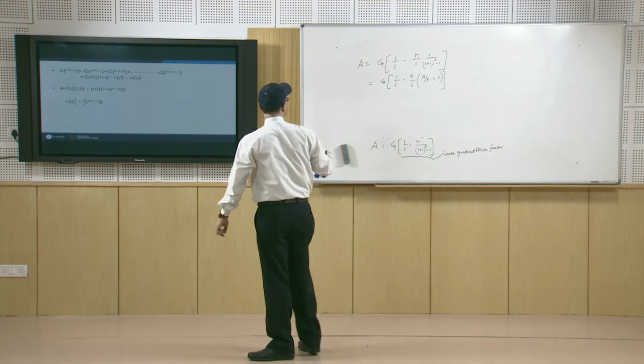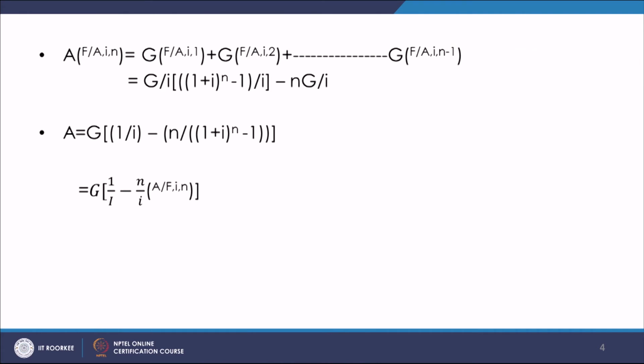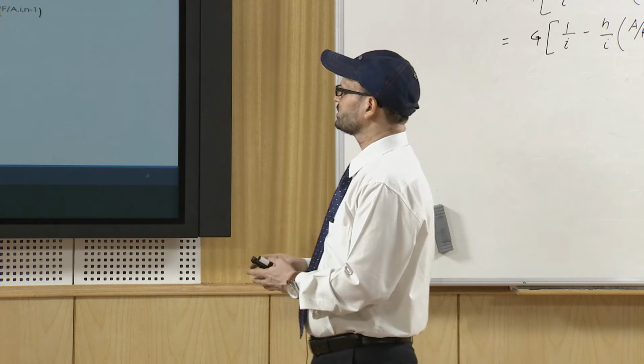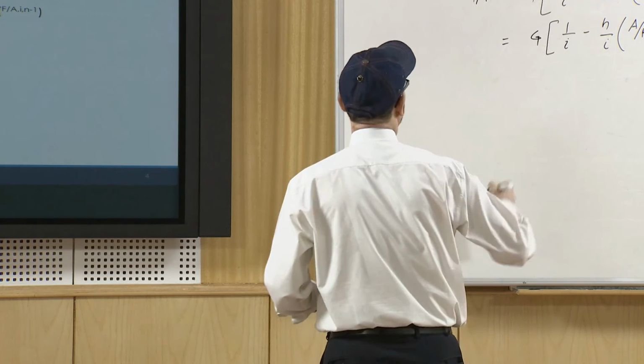So, we have derived this expression, A equal to g times 1 by i minus n by i A by F i n, and this is known as the linear gradient series factor. Now, let us discuss a problem based on this type of gradient series factors.